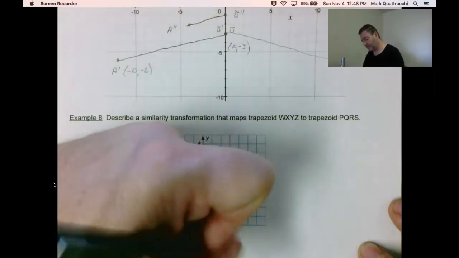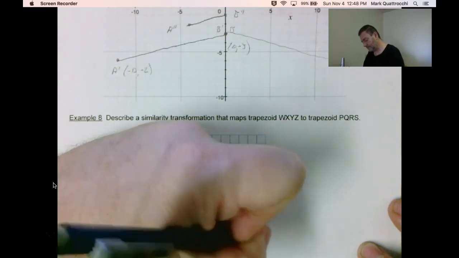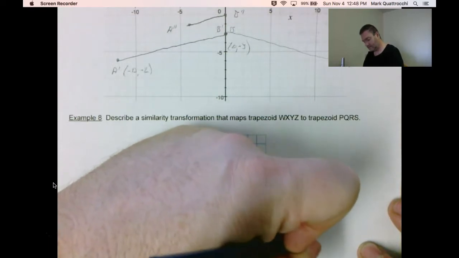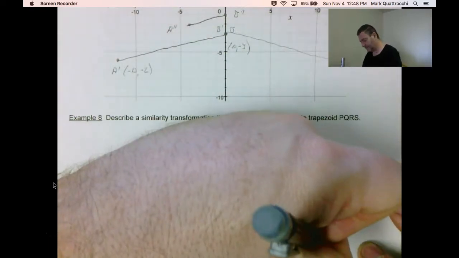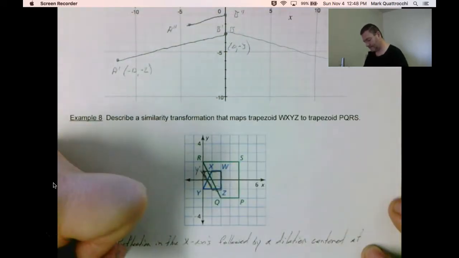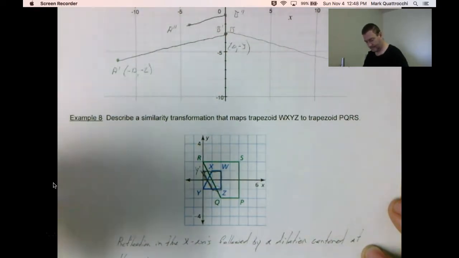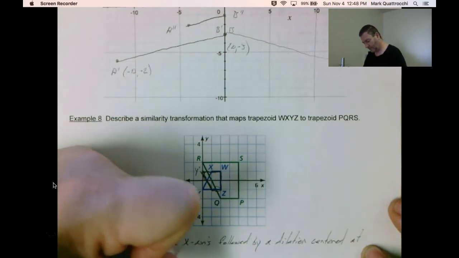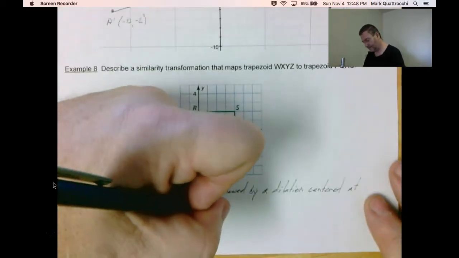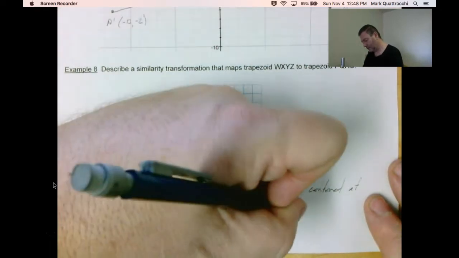So I think if I do, followed by a dilation, centered at the origin, with a scale factor of 2.